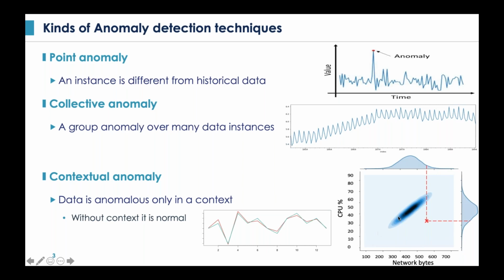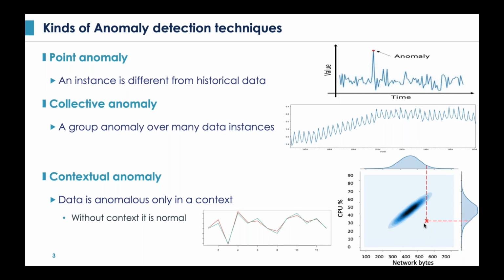If you look at this point on the right, with a simple univariate analysis, from network bytes this data looks normal. It's within the bounds of normal data, not an anomaly. From CPU, again it's normal, not an anomaly. But collectively, this combination in this context is an anomaly, because when we transfer more data, we don't consume less CPU. This is an indication that some data is lying in the buffer and it's not able to process. This is a contextual anomaly.